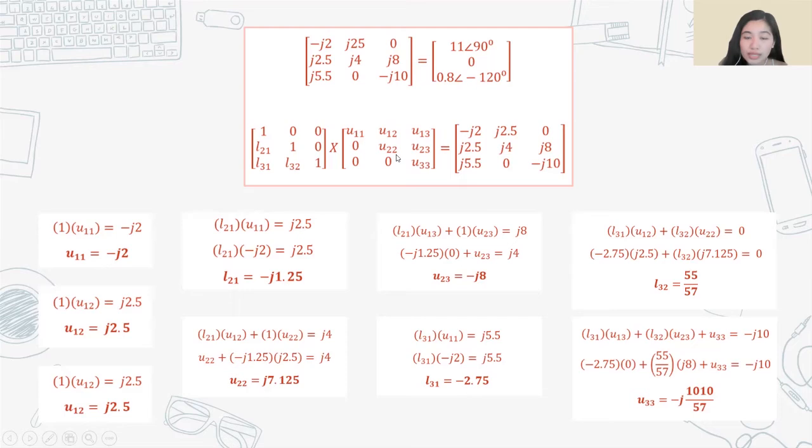U22 natin is equivalent to J7.125. Yung atin namang U23 is equivalent to negative J8, and our U33 is equivalent to negative J1010 all over 57.